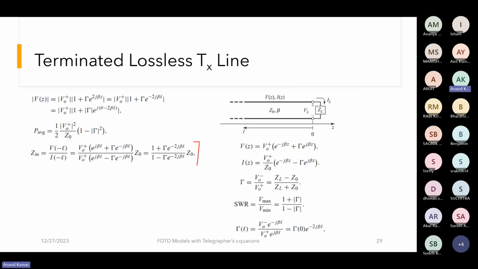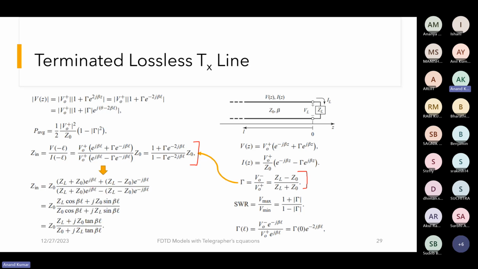So this is what we derived in the previous slide. And now if we substitute the value of the reflection coefficient from here and try to evaluate it, we'll end up with something which looks like this. Once you have done that, you can club values for ZL and Z naught, and the e power terms.